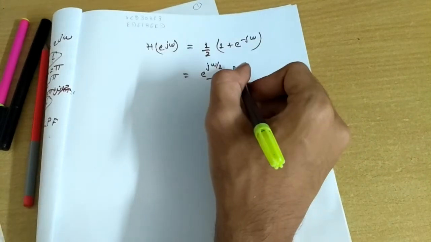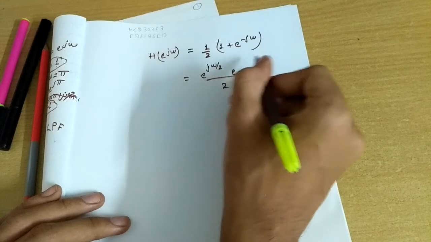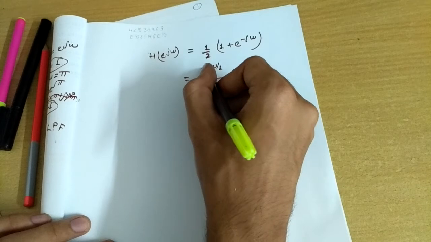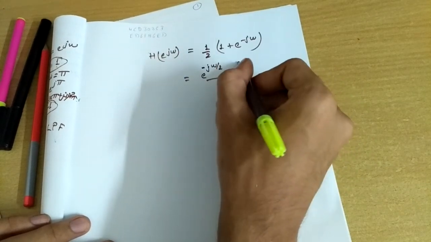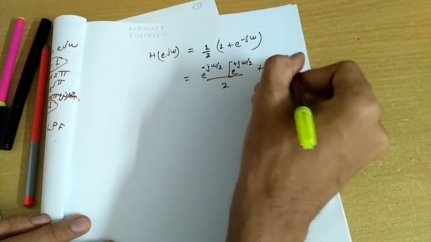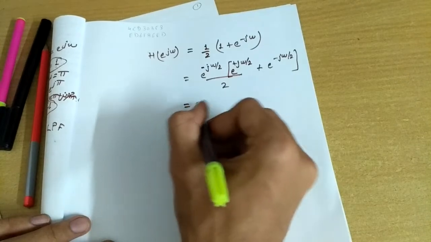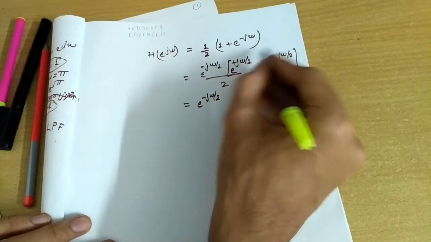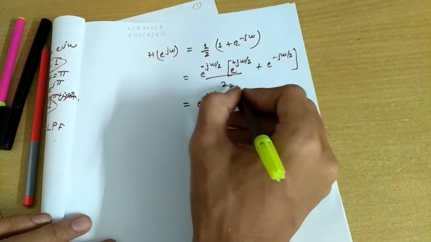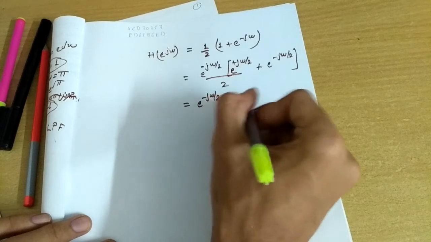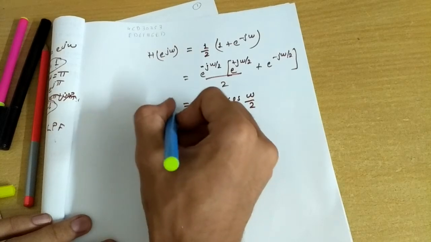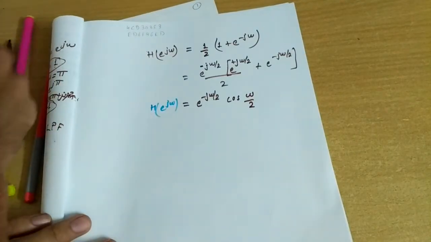So we will be left with (e^(+jω/2) + e^(-jω/2)) / 2, and if you recall, e^(+jω/2) plus e^(-jω/2) divided by 2 can be written as cos(ω/2).